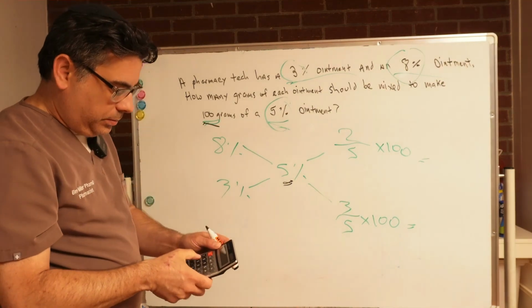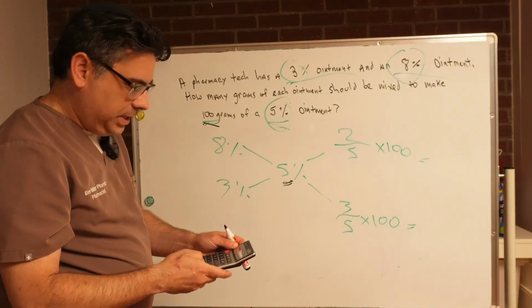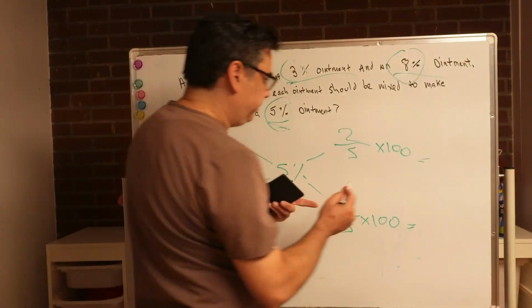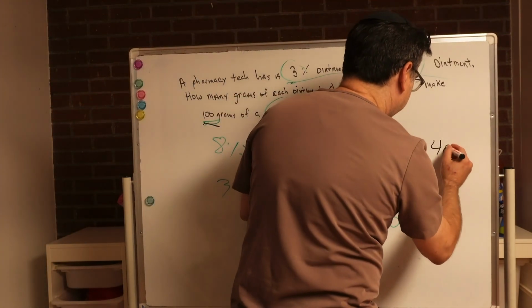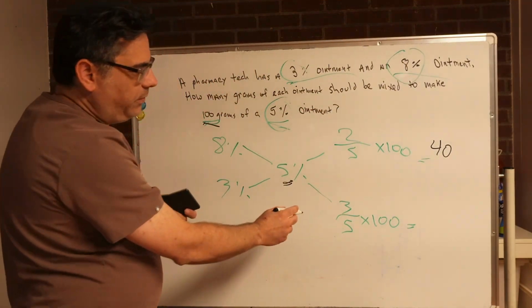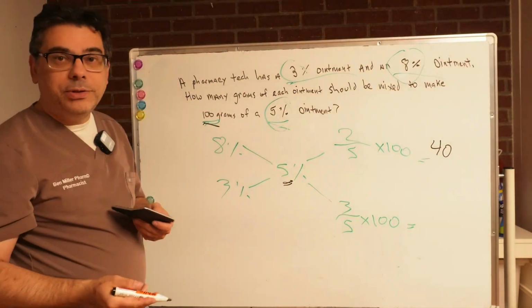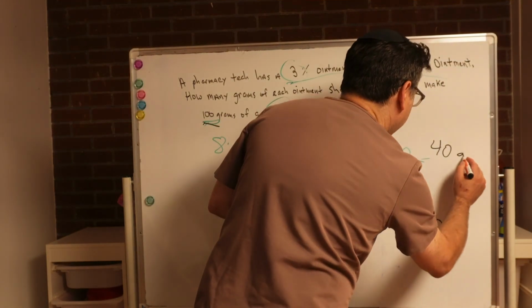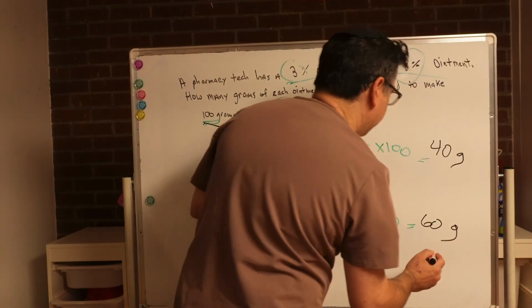So we're going to do 2 divided by 5 times 100 is equal to 40. And then 3 divided by 5 times 100 is equal to 60. So we have 40 grams and 60 grams.